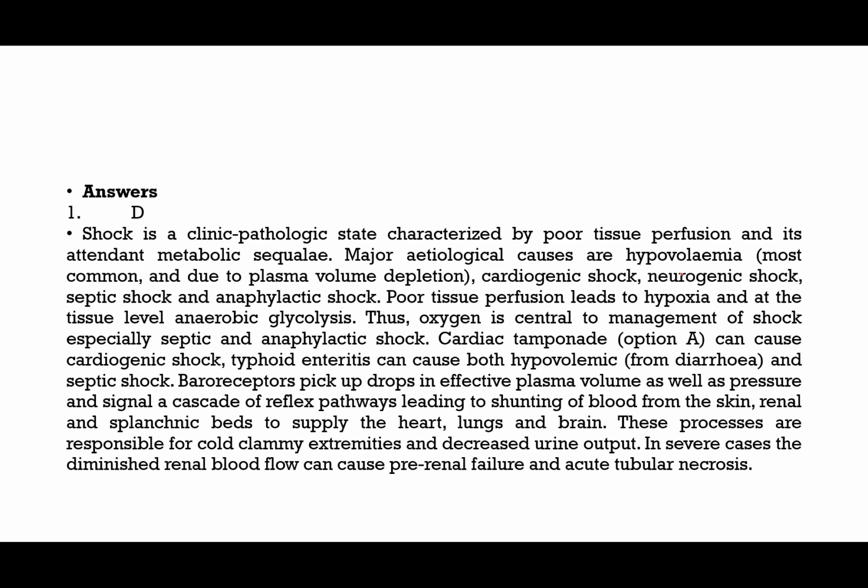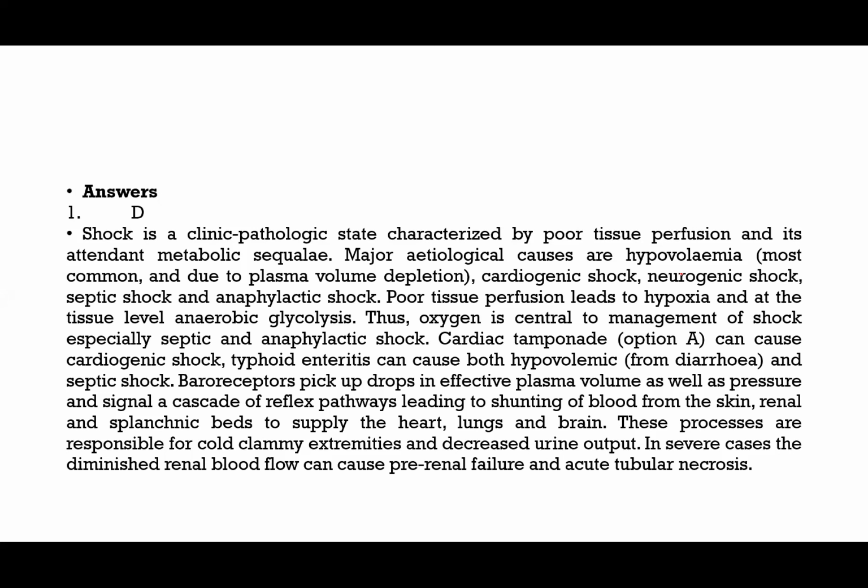Baroreceptors pick up drops in effective plasma volume as well as pressure and signal a cascade of reflex pathway leading to shunting of blood from skin, renal, and splenic beds to supply the heart, lungs, and brain.